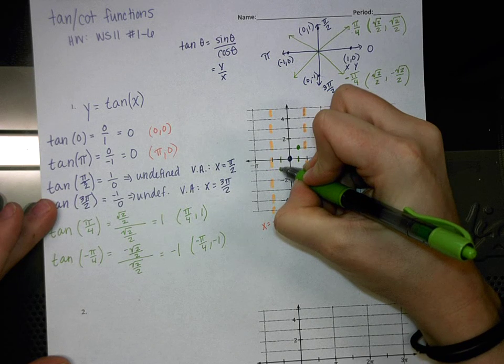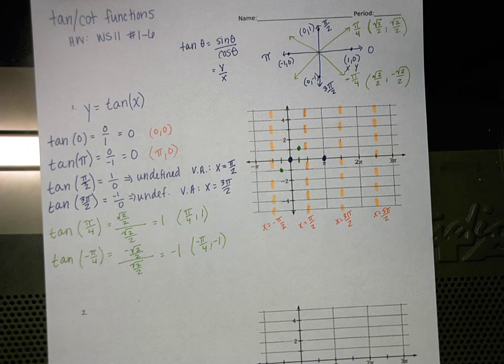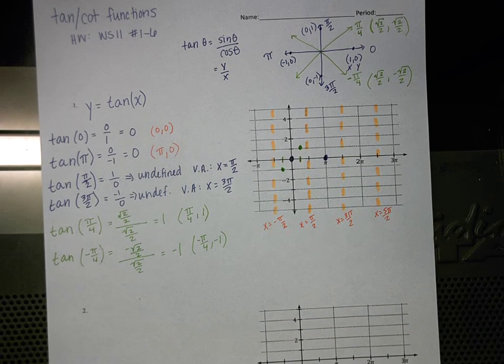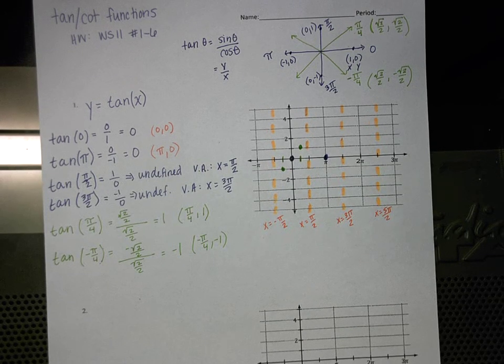And remember, your graph is still gravitating toward your asymptotes, so this is going to look very similar to when we do our cubic functions.